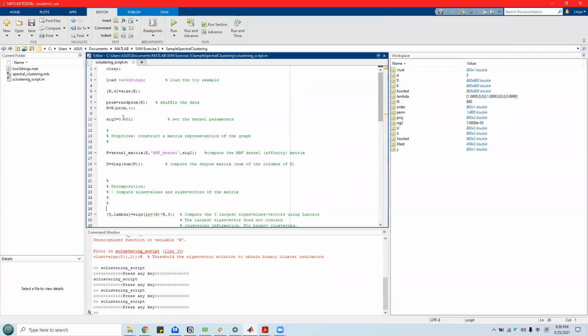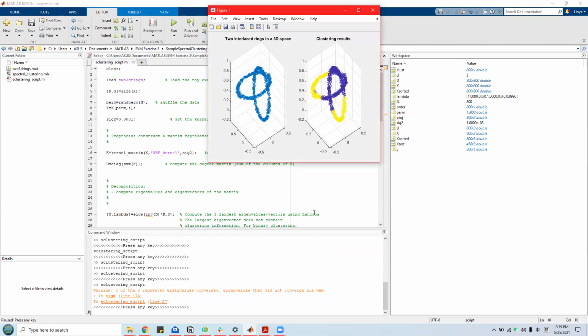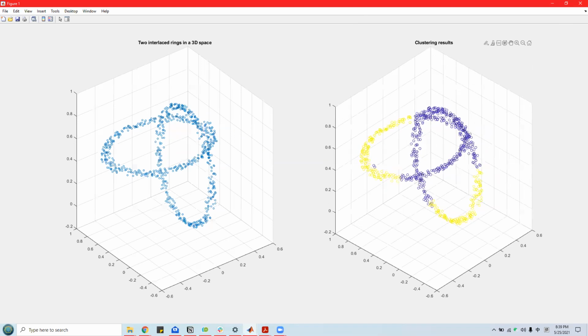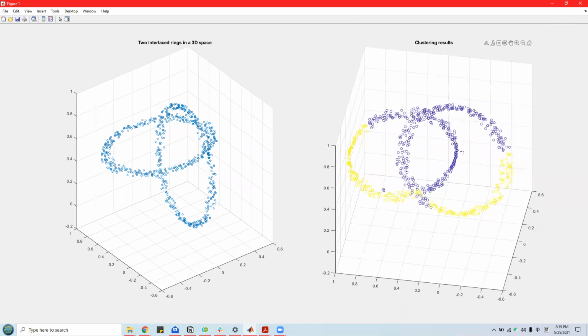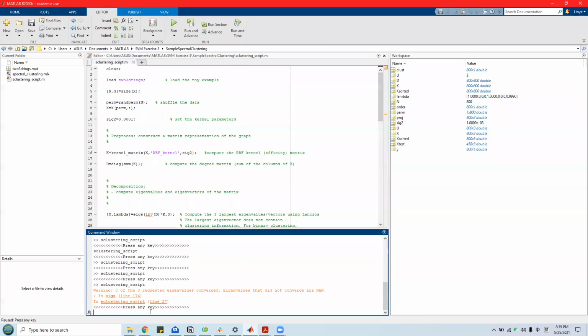So let me check if I add one more zero. Okay. Yeah, it's not separate. But this one is wrong. Okay, I didn't notice this.